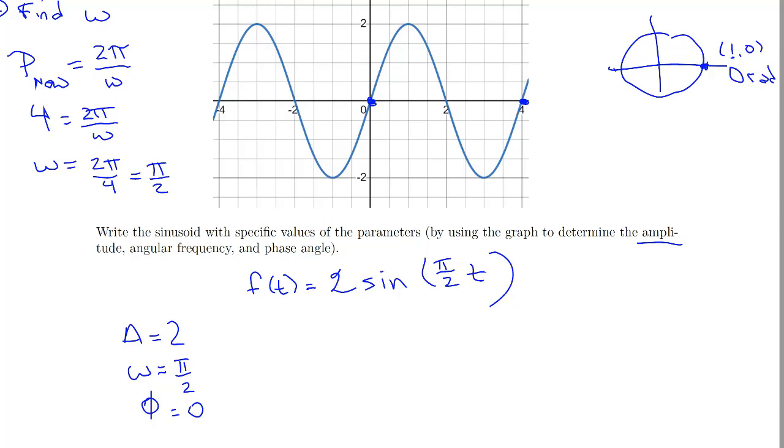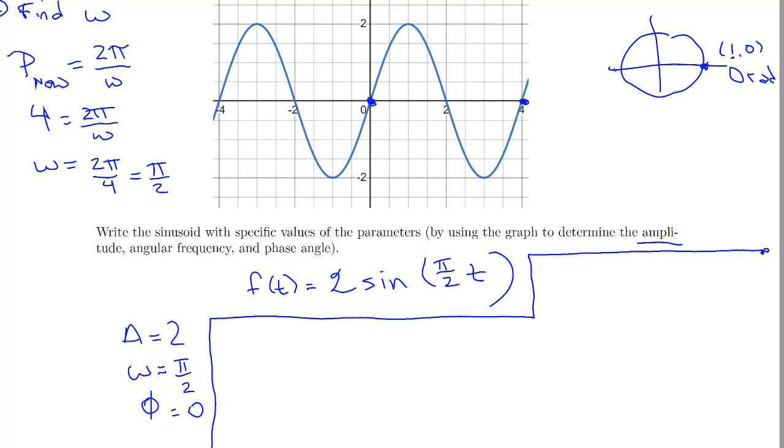We can also do this in a shifted form. If I call it a cosine, then it's shifted. I'm going to now write g of t. My amplitude's still the same. But if I call it cosine, then I'm going to say pi over 2 times t, and this point right here should start here, shouldn't it, if it was cosine.